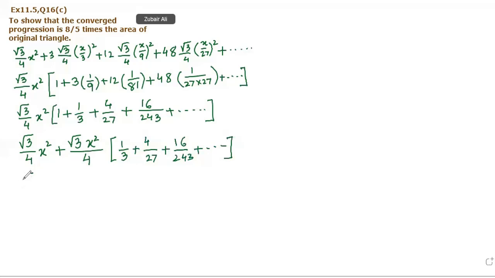So root 3 upon 4 x square plus root 3 x square upon 4, and then in the bracket we will apply the sum to infinity formula. So the first term, which is a, is 1 upon 3 upon 1 minus r. So r will be 4 upon 9.